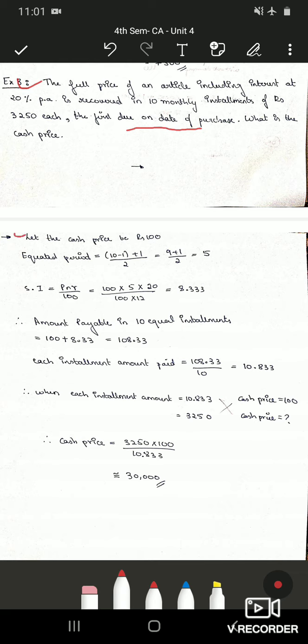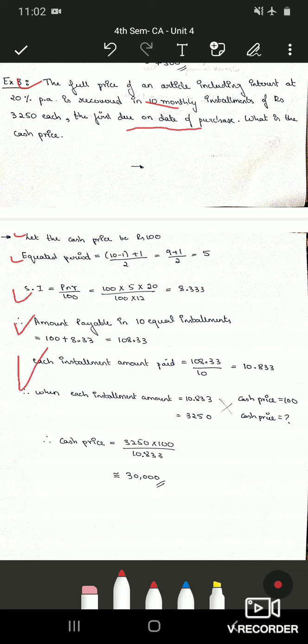So let us assume the cash price to be 100. The equated period will be 1 less than the number of installments, so it is (9 plus 1) divided by 2, so it is 5. So find out simple interest on the cash price, it will be 8.33. So the amount payable in 10 equal installments will be the cash price plus the interest, so you get 108.33.